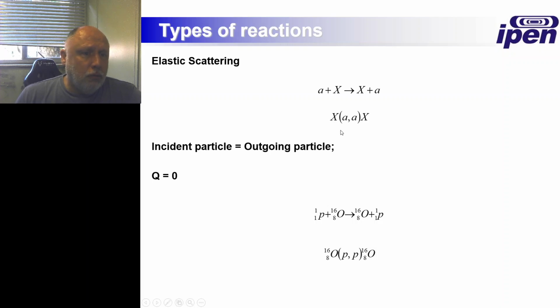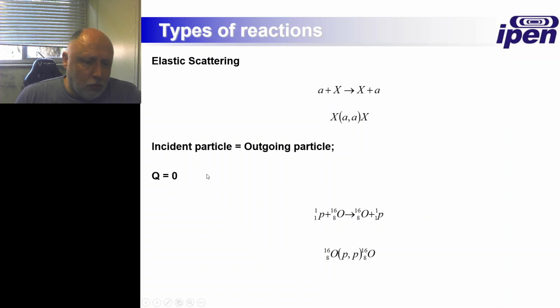So in this case, we would write it like this. Almost obvious. You have A coming in, you have A coming out, you had X before, you had X later. As the incident particle is equal to the outgoing particle and the nucleus is equal to the other one, Q is 0.